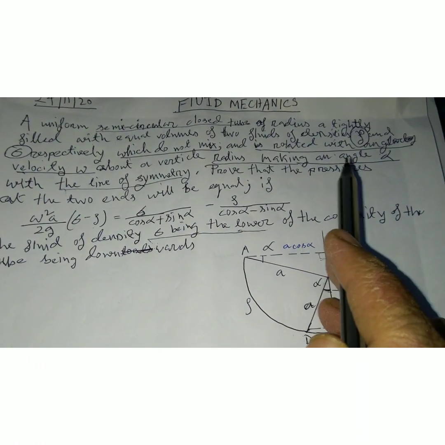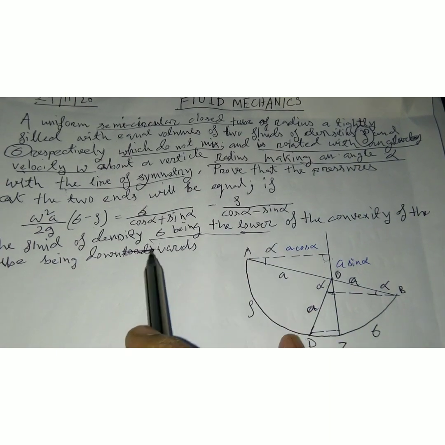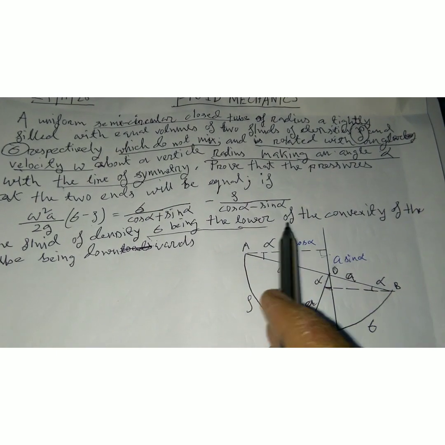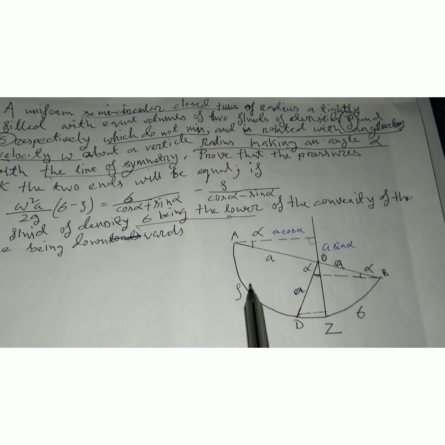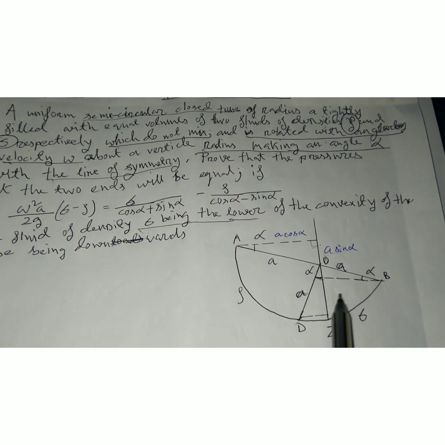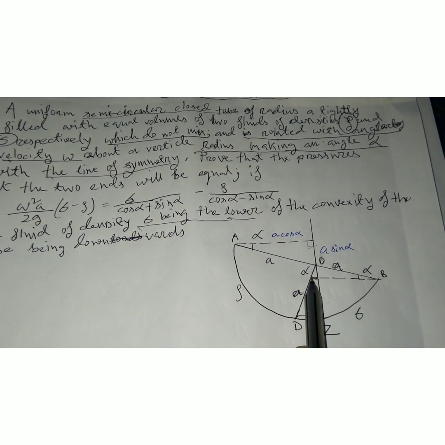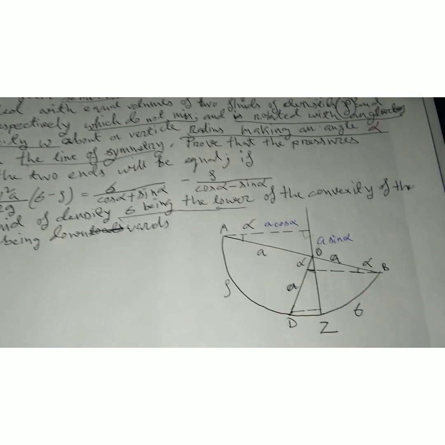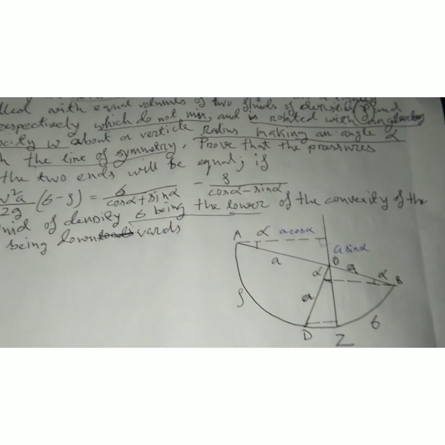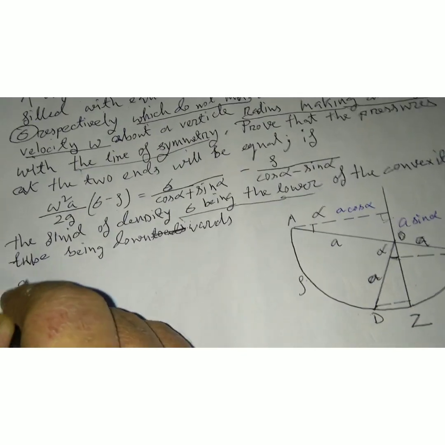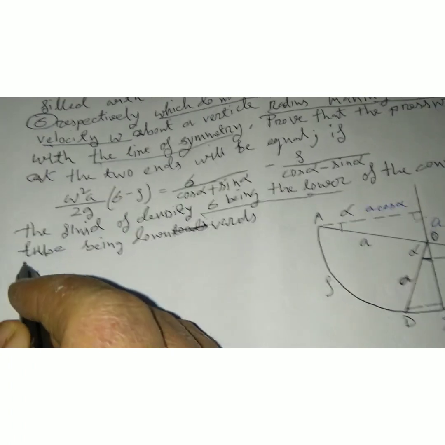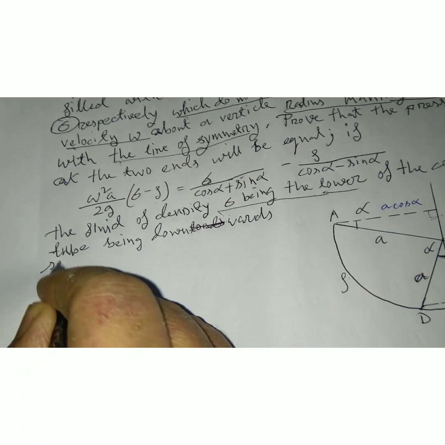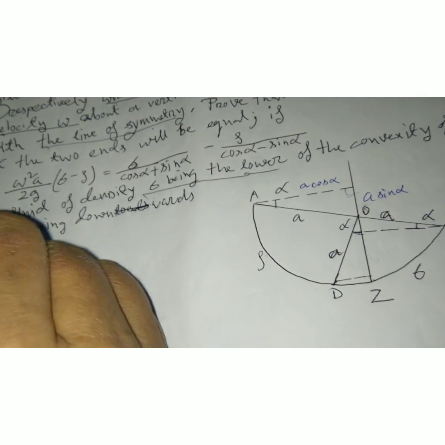Sigma being lower means sigma is the lower portion and rho is the upper portion, and alpha is the angle. Now let a be the radius, given. I want to solve this problem, so I write solution.